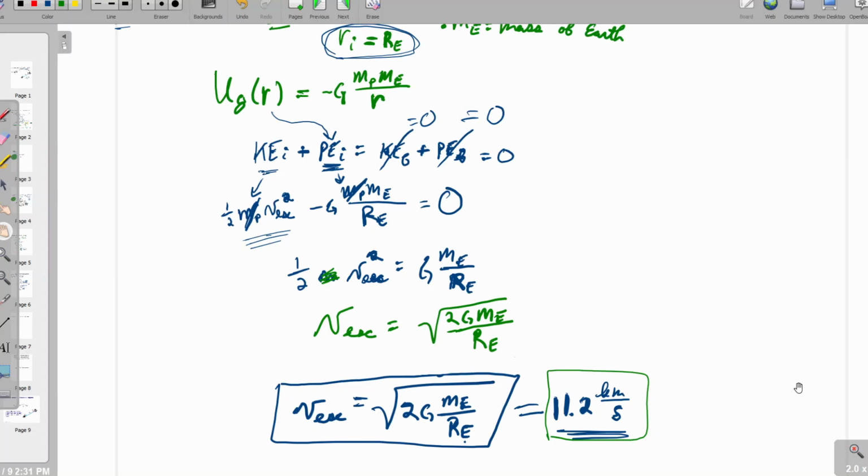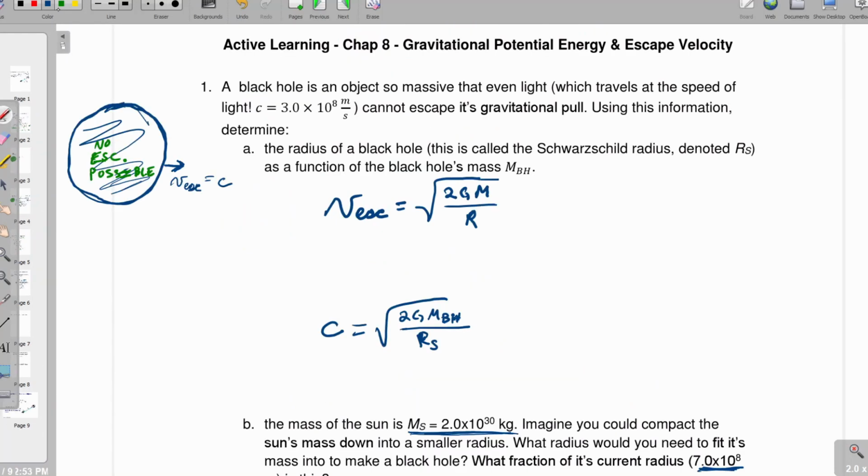You could take root 2G times the mass of any planet over the radius of that planet, and that is the velocity required to escape from the surface of that planet. Notice this looks very similar to the velocity for a circular orbit. There's just that factor of root 2. That's the only difference.